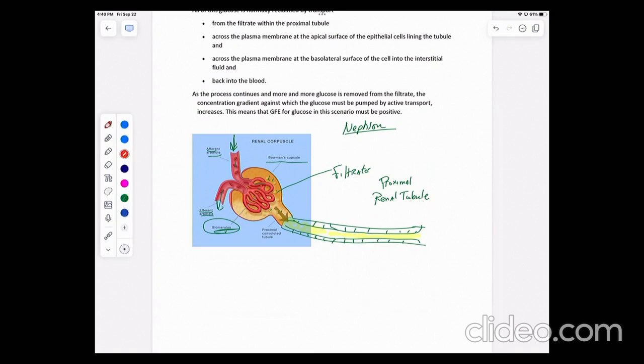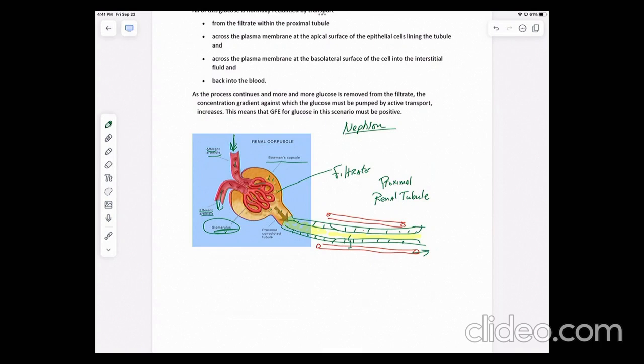Let me draw this other thing: associated with this tubule are these little blood vessels. Maybe a blood vessel here. These cells are going to be grabbing all the good stuff that you need, taking it from the filtrate, and putting it into the cell. Then the stuff that needs to go back to the body will leave the cell, get into that capillary, and off it goes to be spread to the rest of the body.